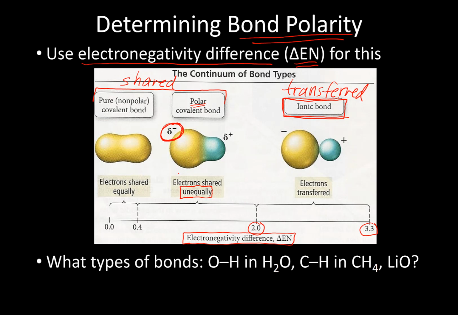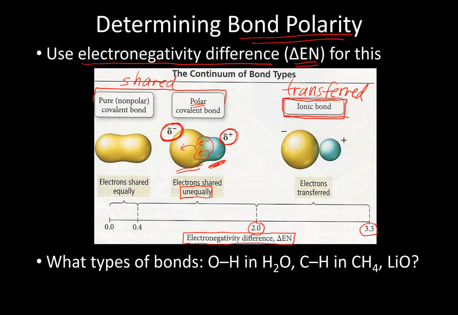So whatever this element is, the electrons in that bond, which are shared between the two elements, spend more time near it, or get pulled closer to it than this other element.